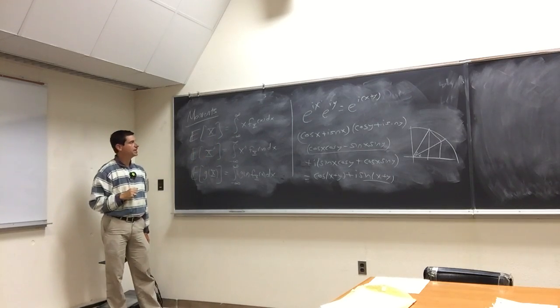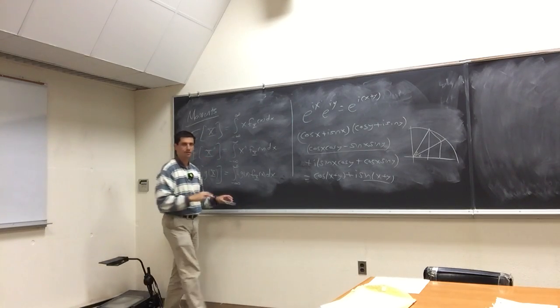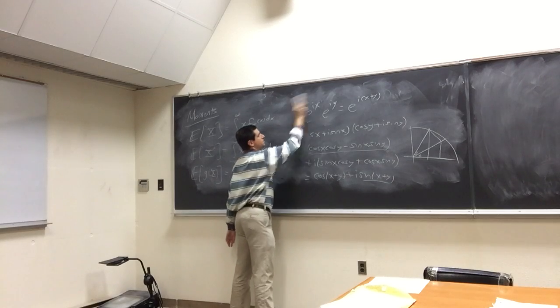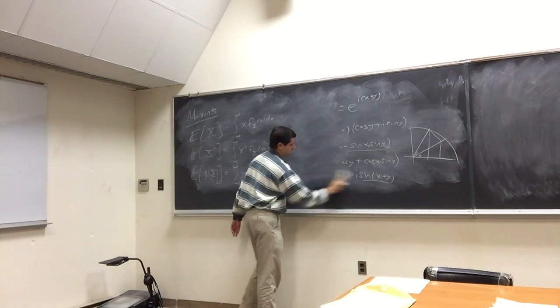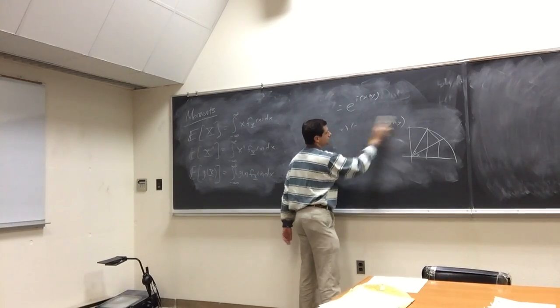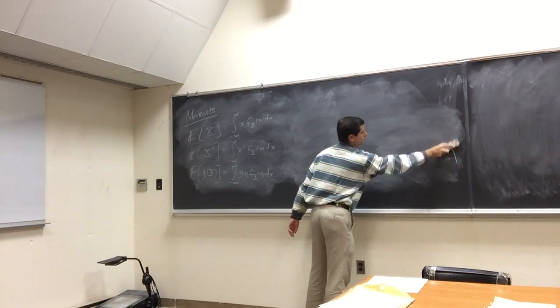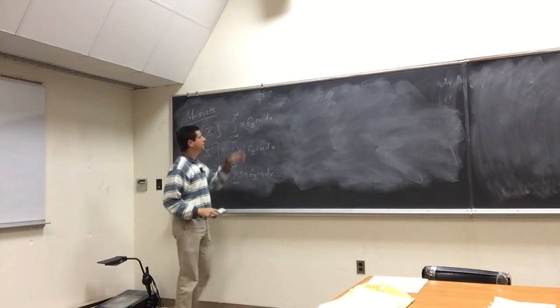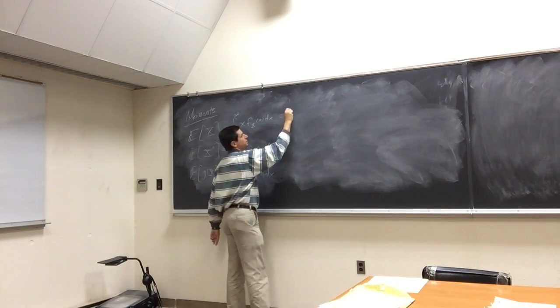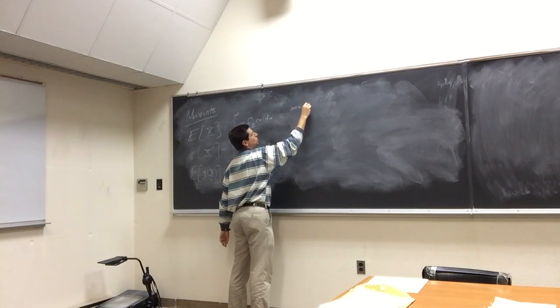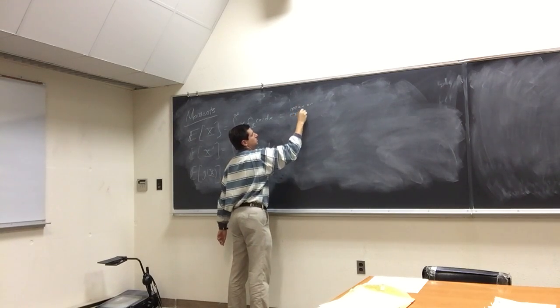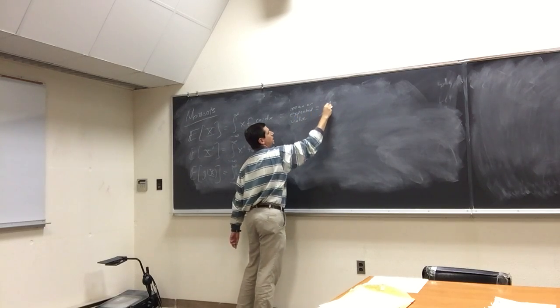Now, it's not always the case that these moments will exist. Certain moments are so important they get special names. And so, the first moment is called the mean or the expected value. And we typically denote it by mu.